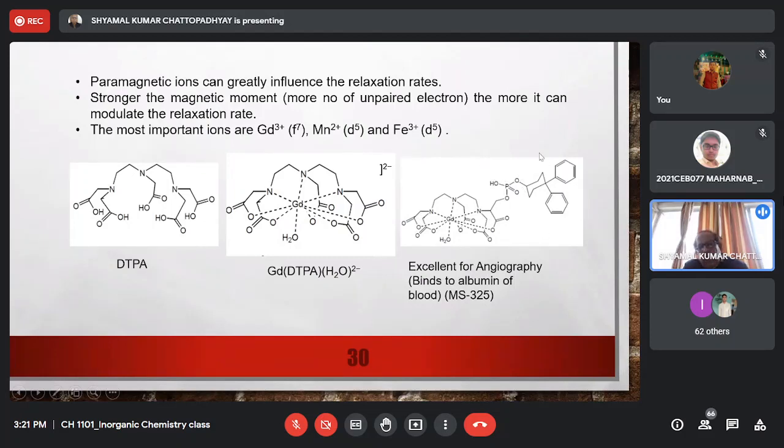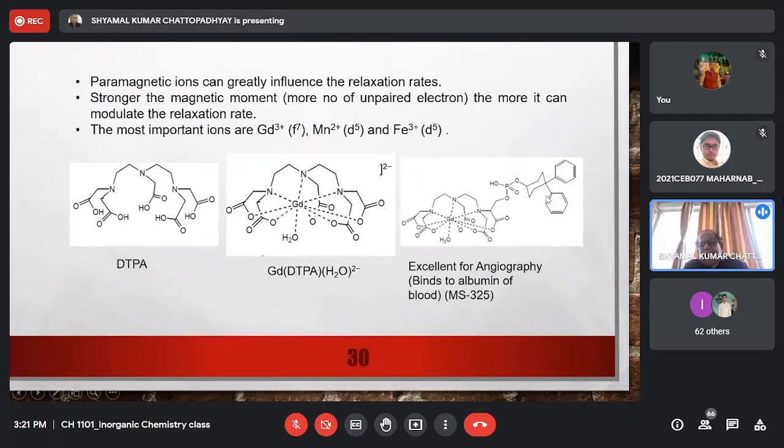The usefulness of this coupling is that after binding to this organic moiety, this gadolinium complex can easily bind to the albumin of our blood, one particular constituent of the blood.